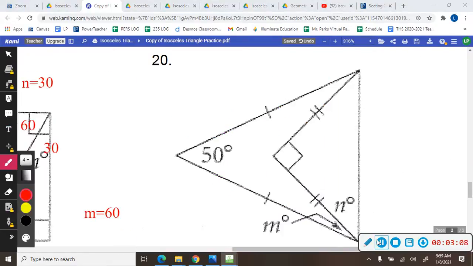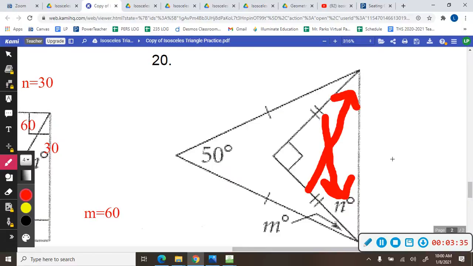Okay, so I'm supposed to find the value of m and n. First thing I notice is this triangle inside is isosceles, because they say this equals this. So then I know that the angles opposite those sides, so this one and this one, are congruent. And please ignore my huge arrow.